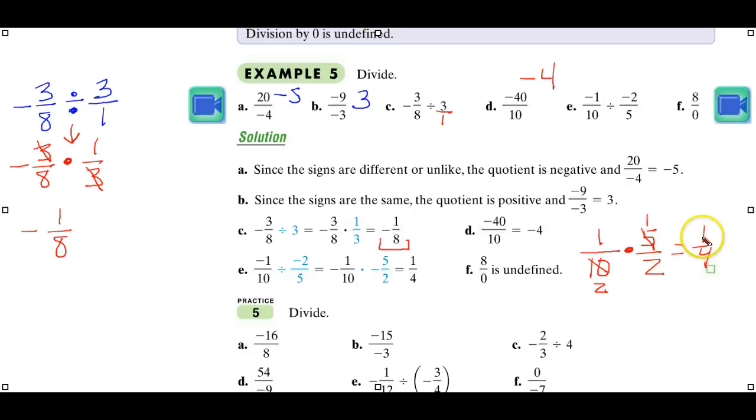Now remember, since we've dealt with the signs already, we know this is 1/4. So figuring out what our signs would be ahead saves us having to deal with them here. And then anything divided by 0 is undefined. Oh, my pen's not working too well. There we go.